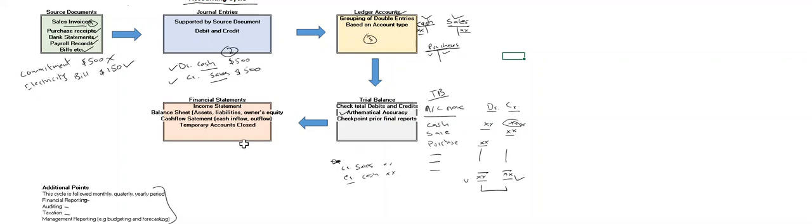These 5 steps here are all part of financial reporting, where you record the transactions, and finally, using those transactions, the financial statements of the business are generated. So this forms part of financial reporting.